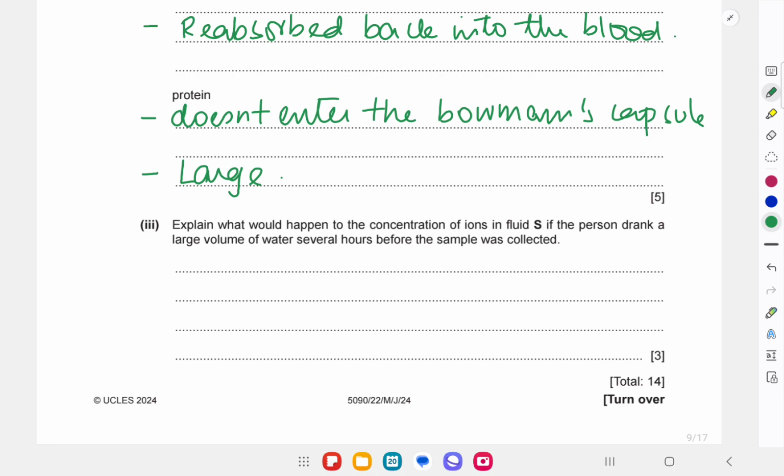So to keep the concentration of water in blood or in the body constant, the body would remove most of the excess water in the urine. So the fluid S, which is the urine, will have more water in it, and the ion concentration in it would be reduced. So the urine would be dilute.